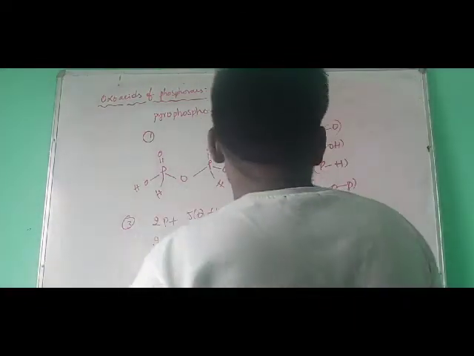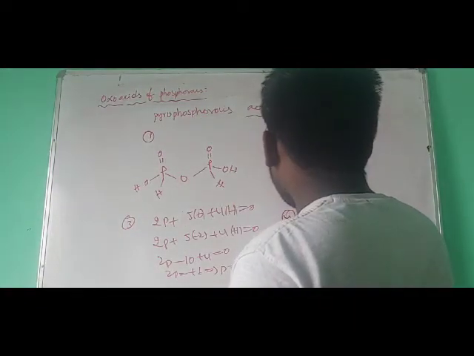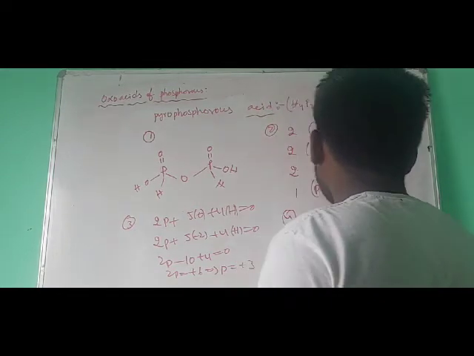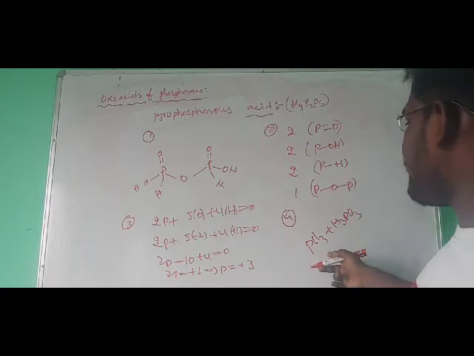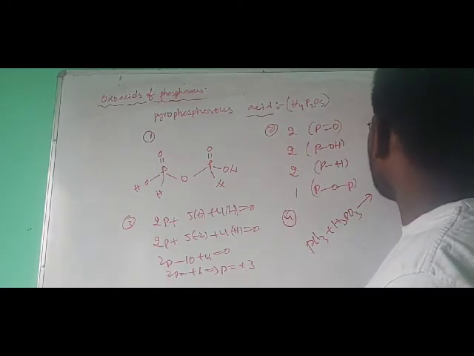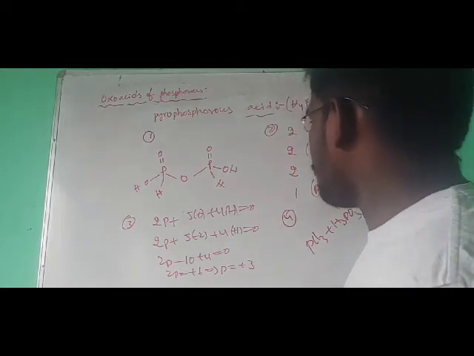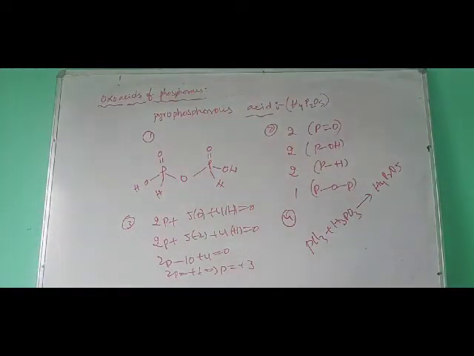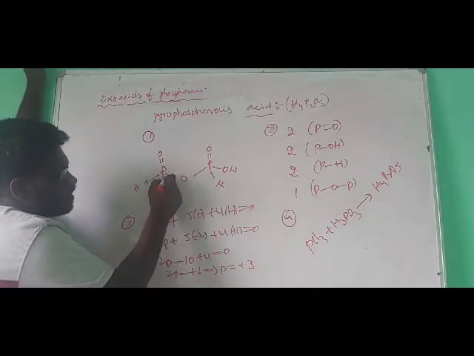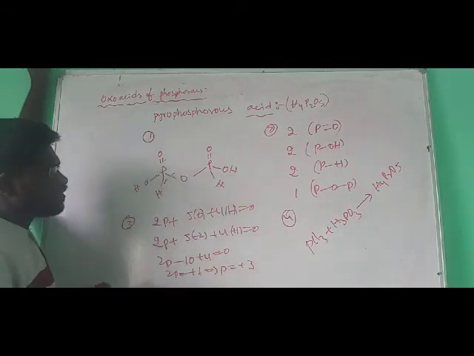And the next one, this one is prepared by treating PCl3 with H3PO3. When PCl3 is treated with H3PO3, we can get this H4P2O5. Next one, geometry and hybridization. Number of sigma bonds, how many, guys? In this one, 1, 2, 3, 4. 4 sigma bonds present.